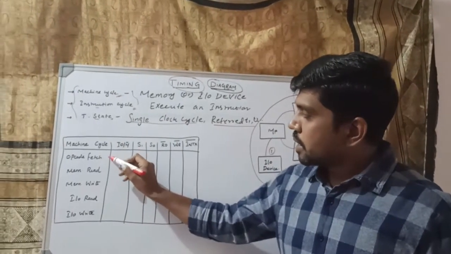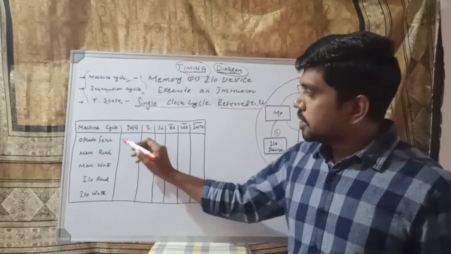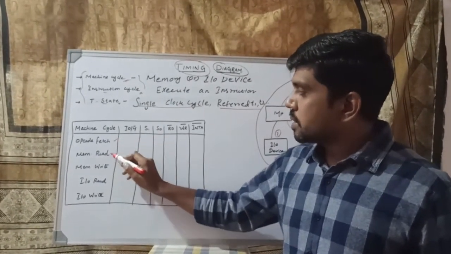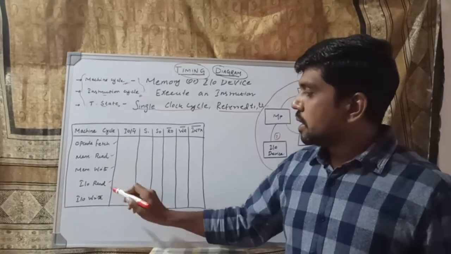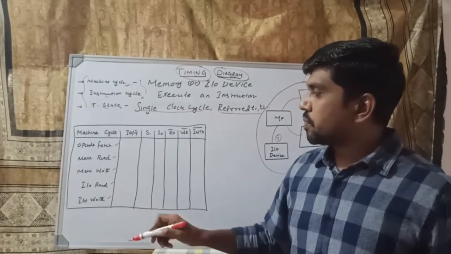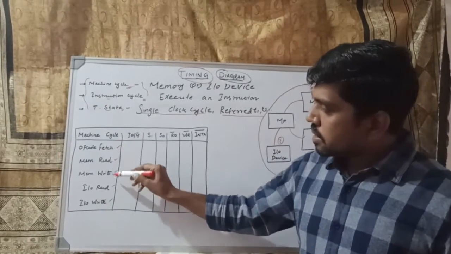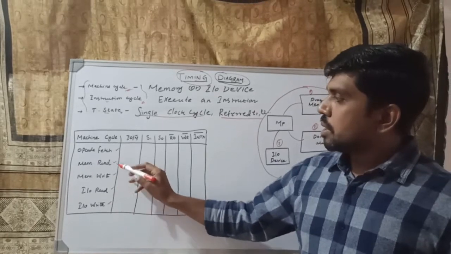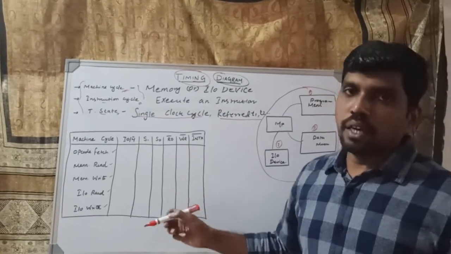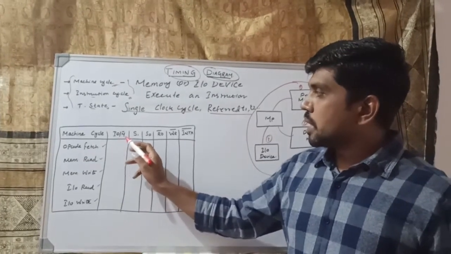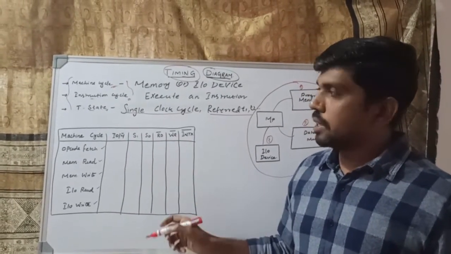The machine cycle is basically classified into 5 types. The first is opcode fetch, then memory read, third memory write, fourth IO read, and fifth IO write. These 5 cycles vary based on the values of the signals: IO/M bar, S1, S0, RD bar, WR bar, INTA bar.